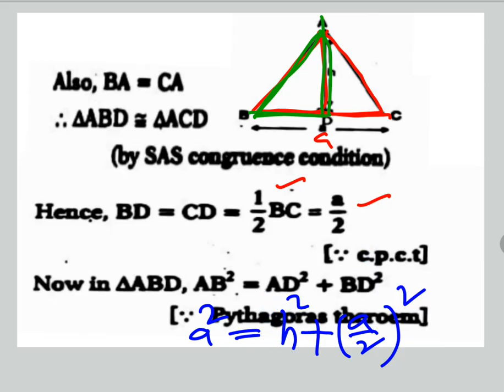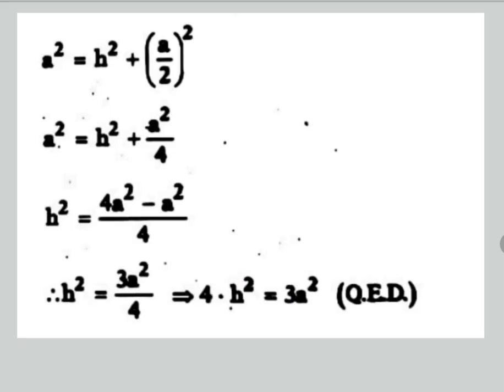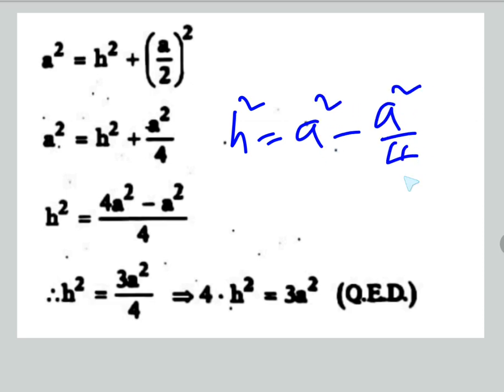From this equation, A square is equal to H square plus A by 2 whole square, that is equal to H square plus A square by 4. Now H square is equal to A square minus A square by 4.